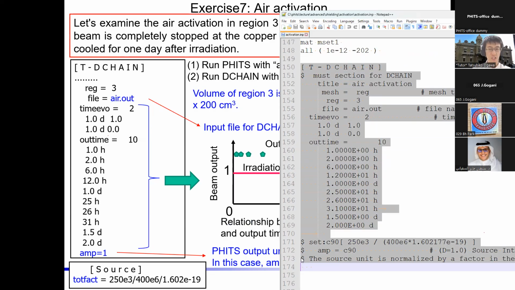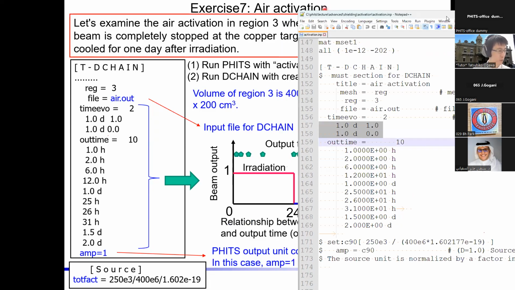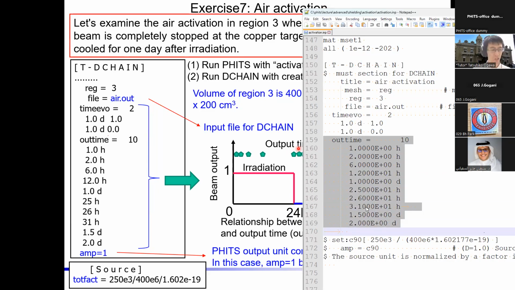All information necessary to calculate the activation of air is already defined. It assumes 1 day irradiation and 1 day cooling. And out time, the point of time when we observe the activation, is defined in this way. So please run this input file as it is.